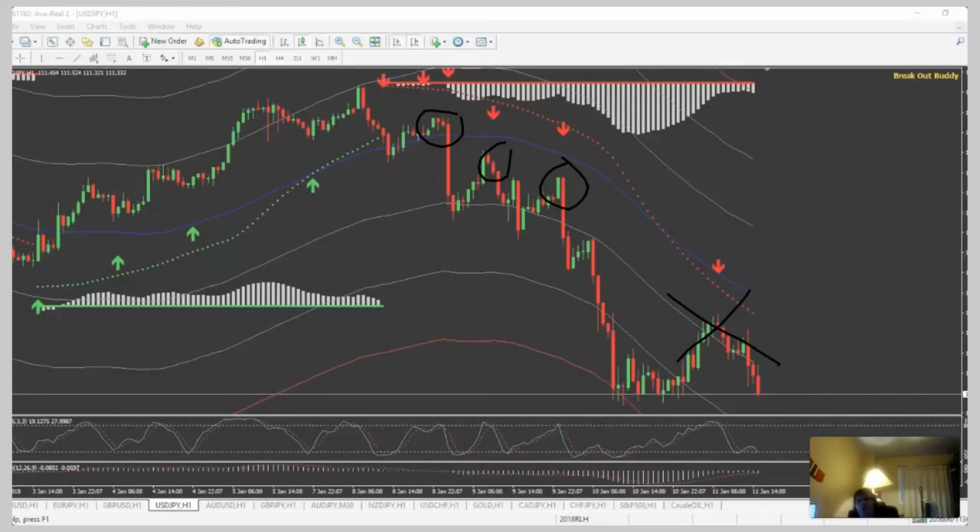The angle here is about 45, but also if you notice it was angling down steeper than this blue line, and that blue line is the center of the psychological prices. So when you get that, that's a strong trend.